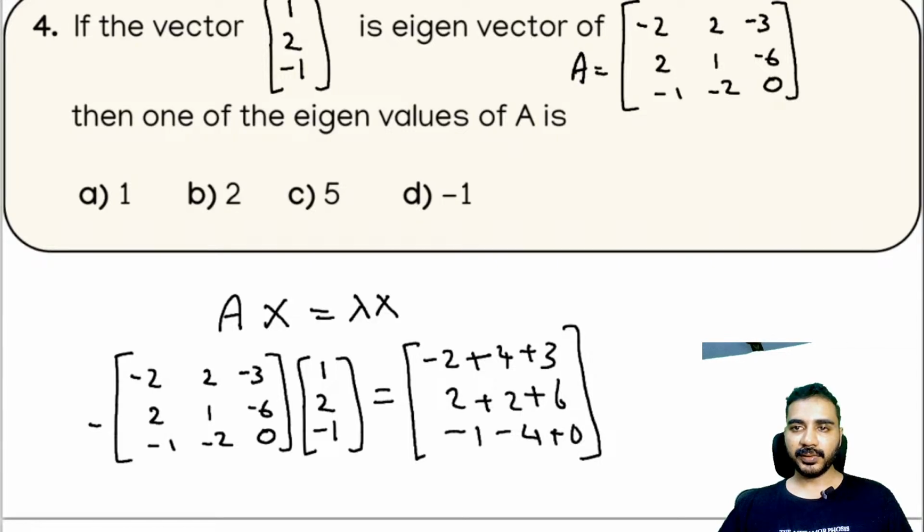Now simplify this. The first row, minus 2 plus 4 plus 3, is 2 plus 3, that is 5.